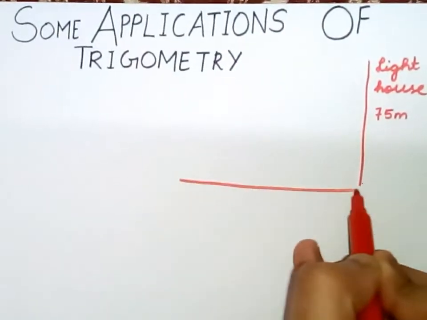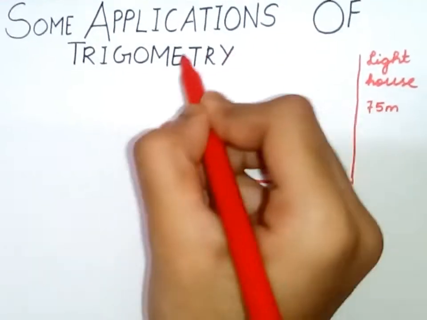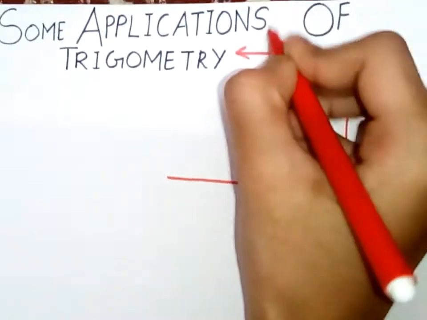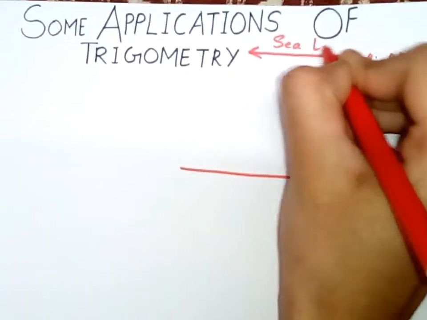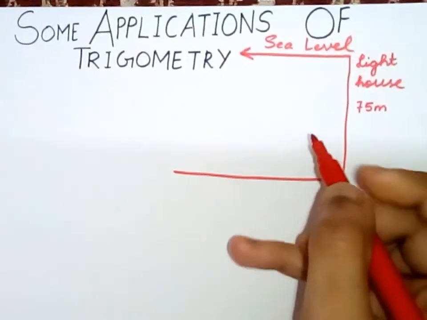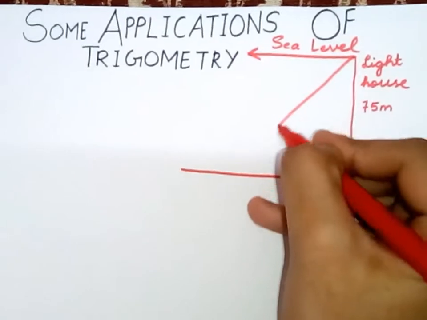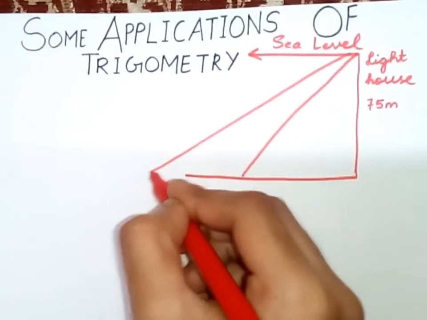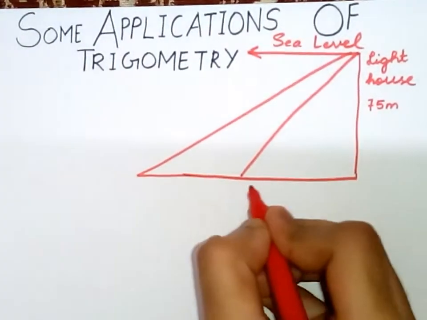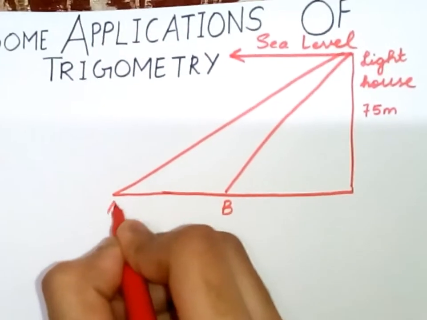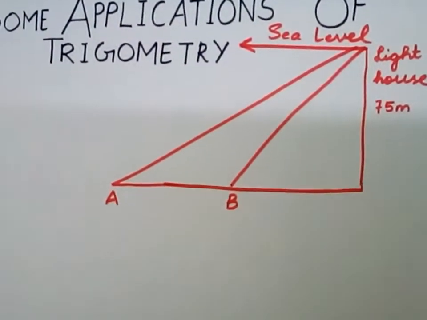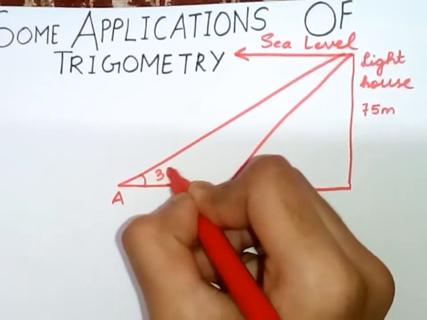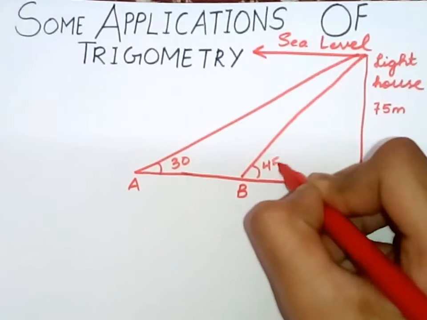So, this is the sea level. This is one ship, this is the other ship. The angle of depression of two ships are 30 and 45 degrees.